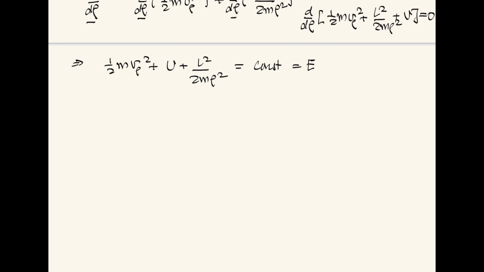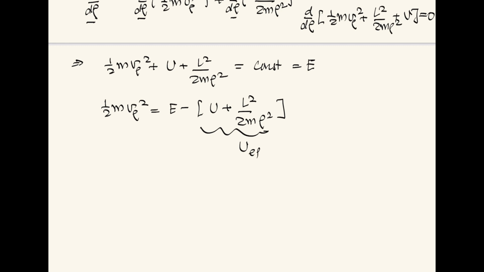Okay, so therefore I'm going to get this equation, which is that 1/2 m times v rho squared is equal to E minus these two terms, u plus L squared by twice m rho squared. So this term in the rectangular brackets here is sometimes called the u effective, which will also be a function of rho. Is that okay? So this is called the effective potential. There are two terms in the effective potential. What are those two terms?